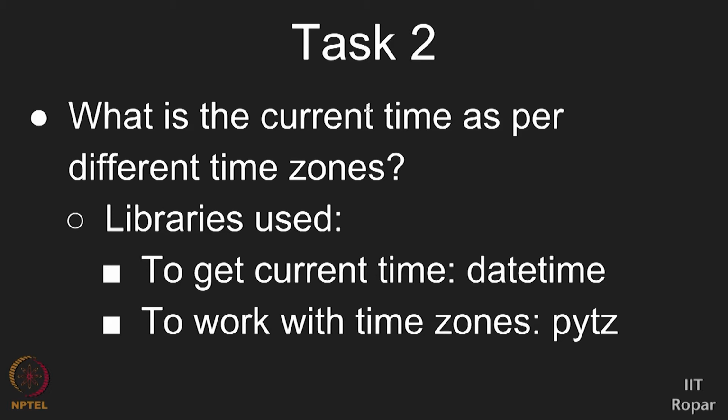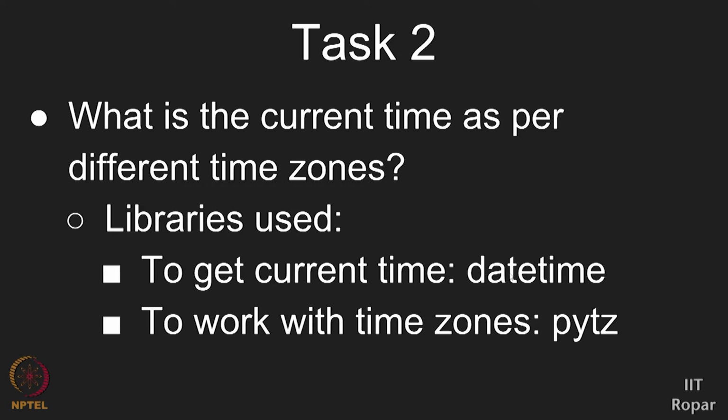If the current time is known as per your time zone, can you say what is the time in other time zones based on different time zones? I have to know the current time. That is, I can get the system time from a command as I had discussed in the prerequisite video. For all the time zones, can I get the time? So to get the current time, as we had used the datetime library, we will be using that.